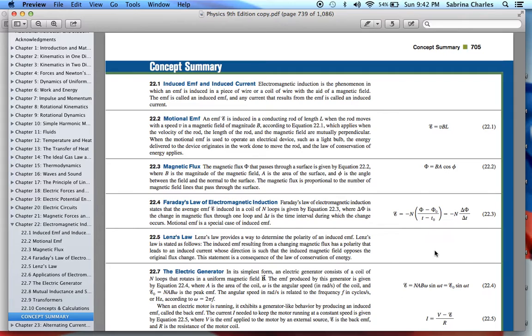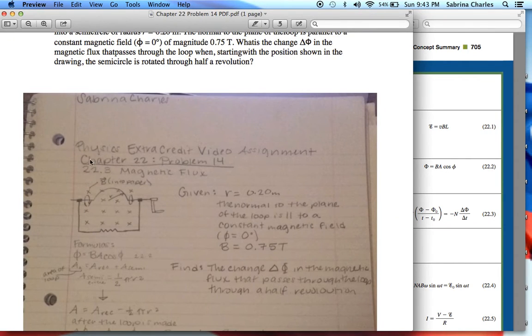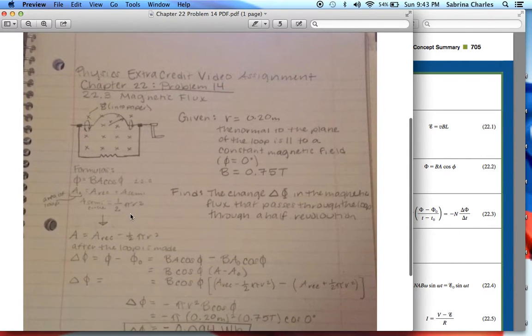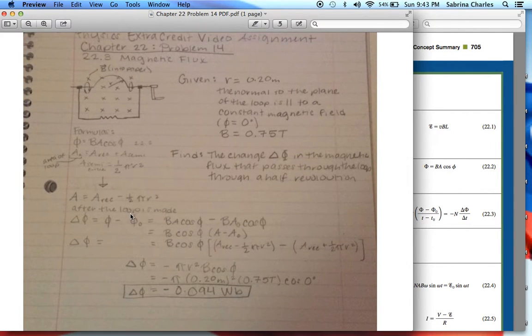So the magnetic flux that passes through a surface is given by equation 22.2, where B is the magnitude of the magnetic field, A is the area of the surface, and phi is the angle between the field and the normal to the surface. The magnetic flux is proportional to the number of magnetic field lines that pass through the surface. So we can just use this formula, and we have everything.